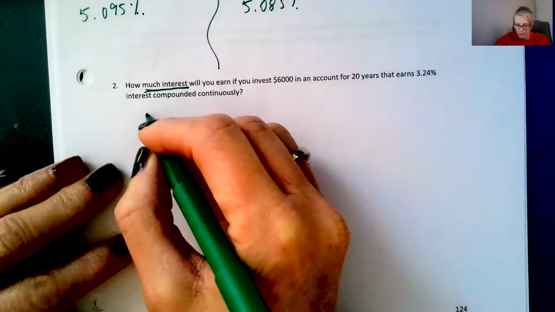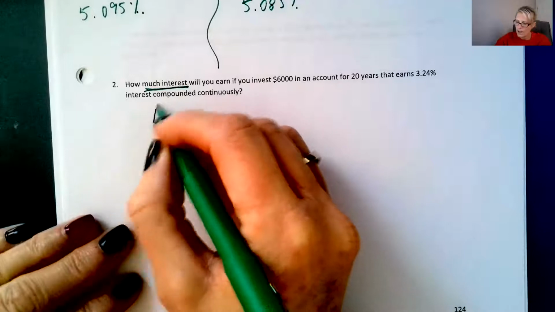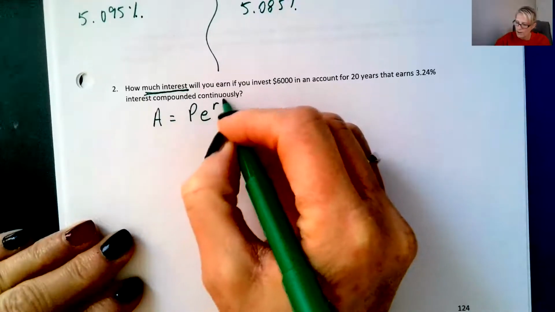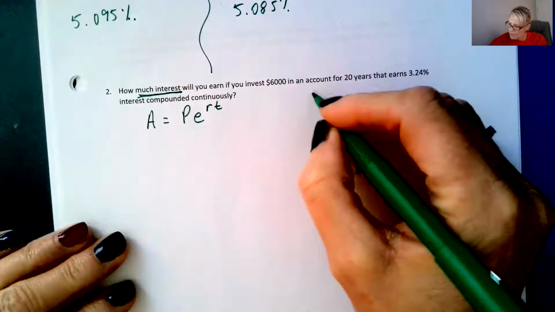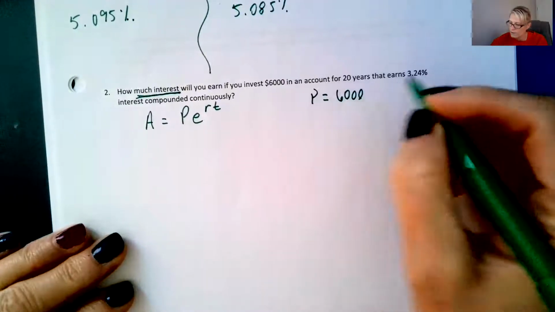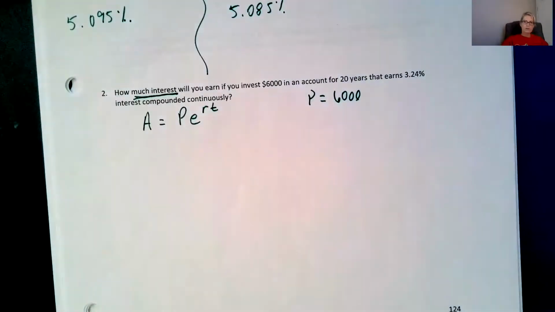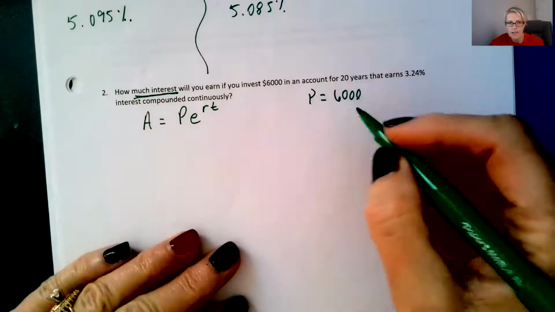So my future value, A, is going to be P times e to the rt, where r and t are in the exponent. So my P is the amount I'm investing, which is $6,000. e is the irrational number that is in the calculator.